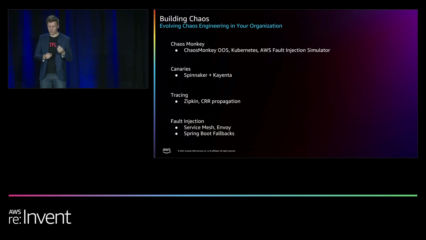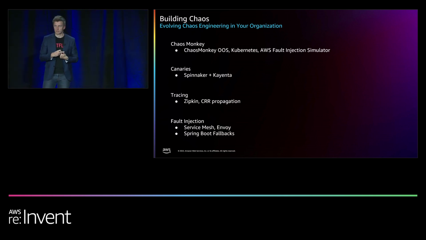And finally, fault injection is also something that can be added to the mix. We are, as an industry, in a much better place than we've been 10 years ago when Netflix was building FIT for the first time. Because with the evolution of service mesh, for example, Envoy is already supporting some kind of basic fault injection technology.